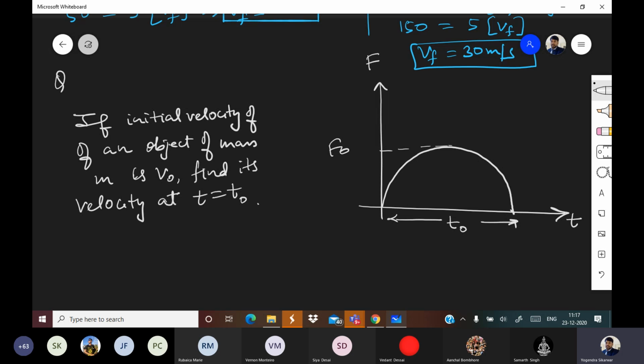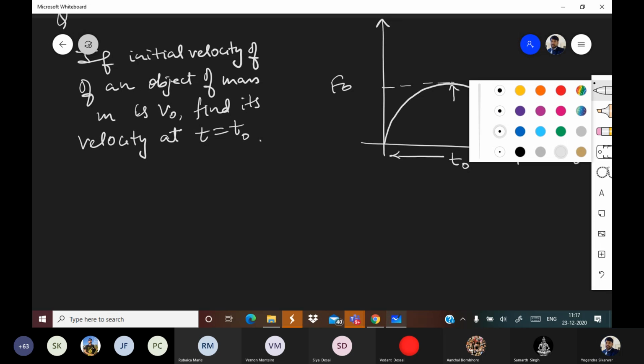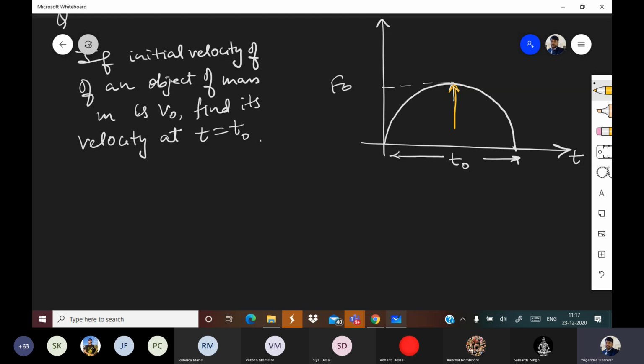Okay, enough time given, I guess. Pay attention. First of all, if you observe, this is f naught. And this side is anyway t naught. So basically, this is not a half circle as it looks like. What it can be? It can be an ellipse.